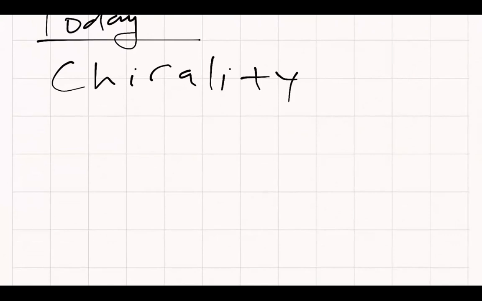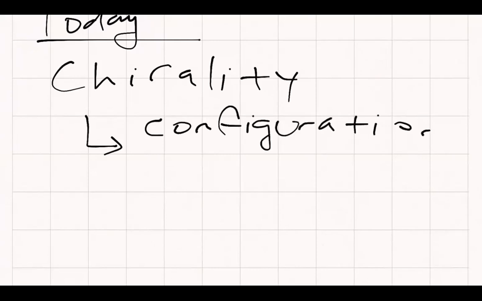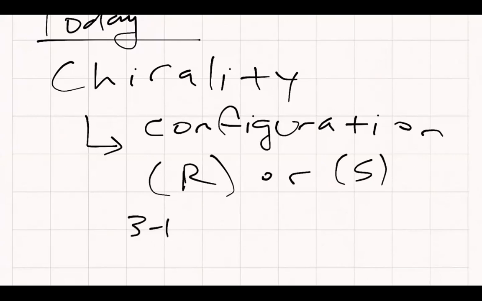We're going to talk about configuration, and what that is, either R or S. If you watched the video last night, whenever I sent it, you probably already saw this part about the R and S configuration. And that's just the 3D orientation. Right, that just tells you the 3D orientation of a stereocenter.